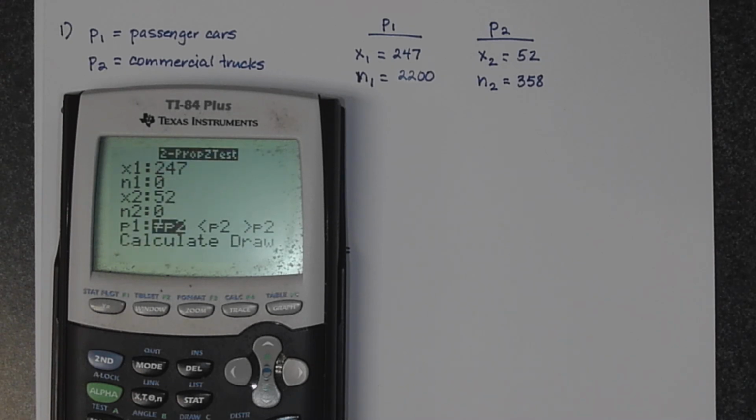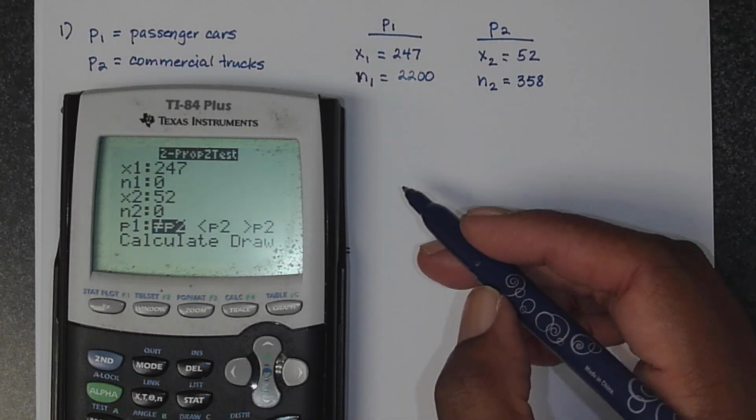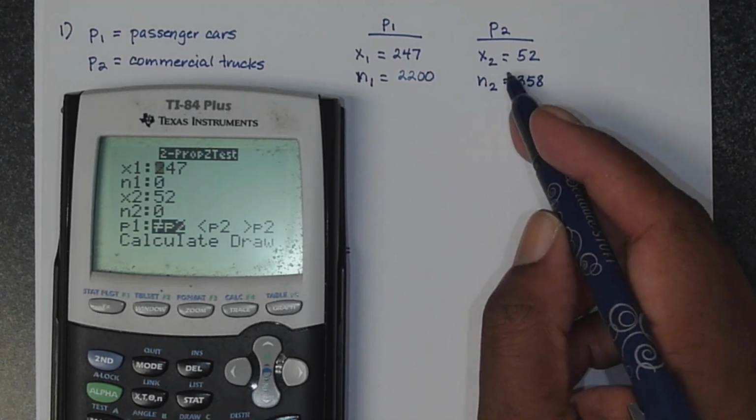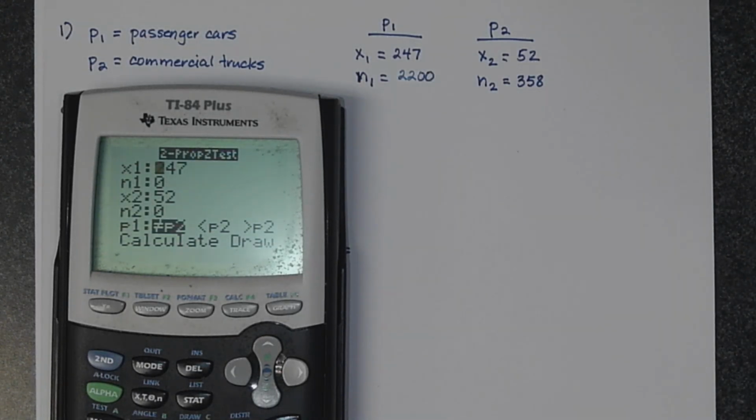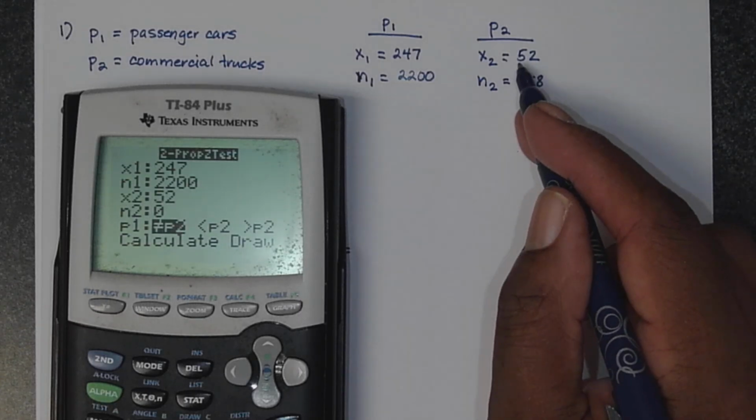So you can press enter there. All you'll have there is just x1, n1, x2, n2. So x1 is 247, so we type in 247. And then n1 is 2,200. And then x2, 52.